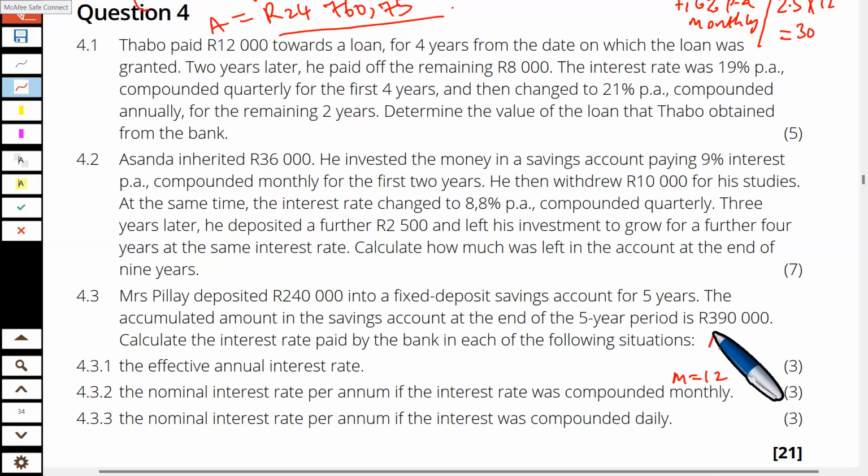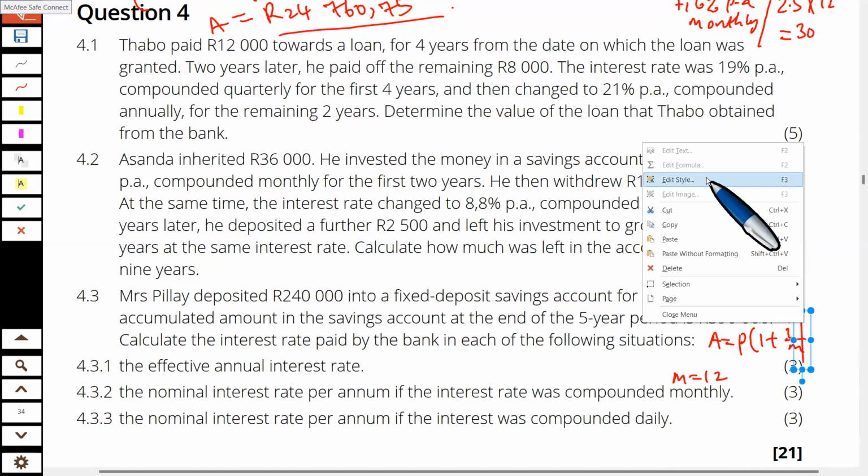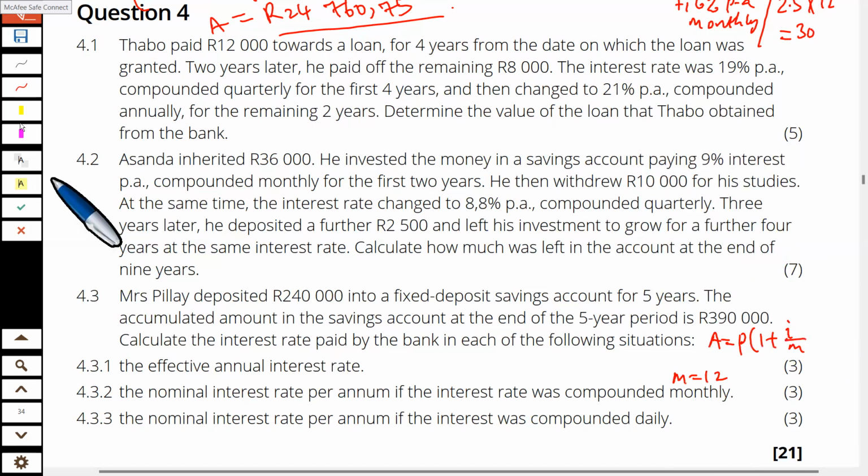In the formula, A equals P into 1 plus i divided by m, raised to the power nm.